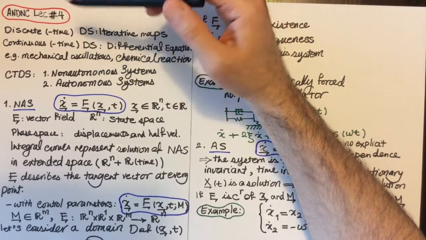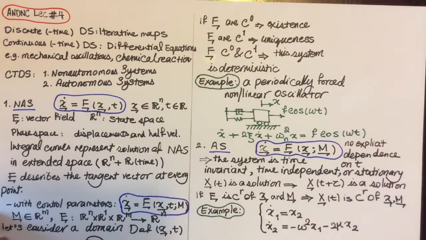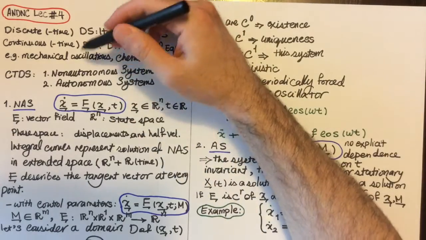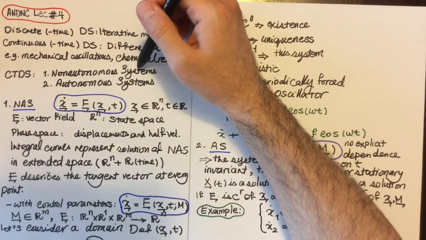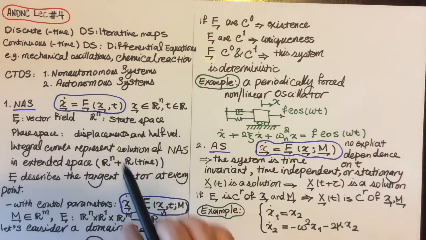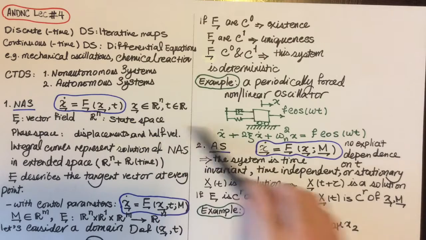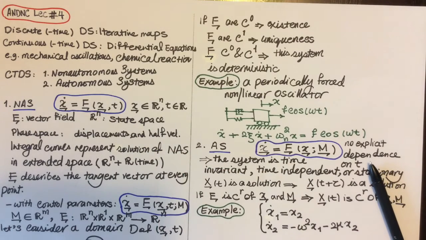And so we said, all right, we're going to talk about continuous time dynamical systems. Now, continuous time dynamical systems are also divided into two groups. The first group is non-autonomous systems, and the second one is autonomous systems. The difference being, in non-autonomous systems the system does explicitly depend on time.